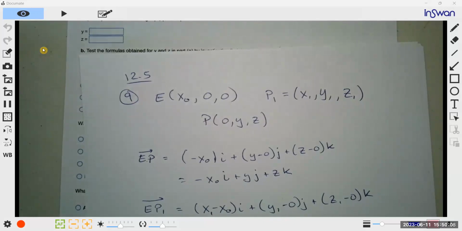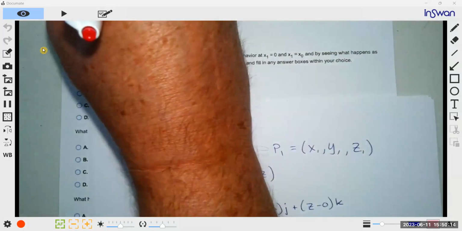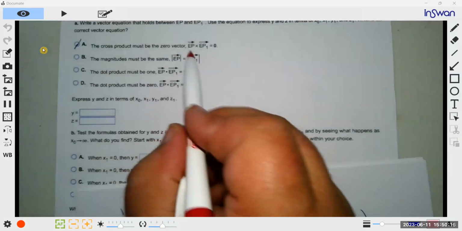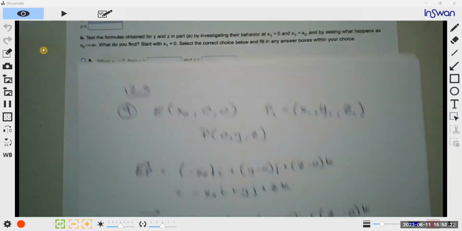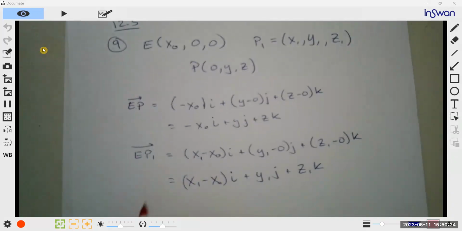To get the correct vector equation, we have to do a cross product. We want to set them equal, so we do the cross product: EP cross EP1.